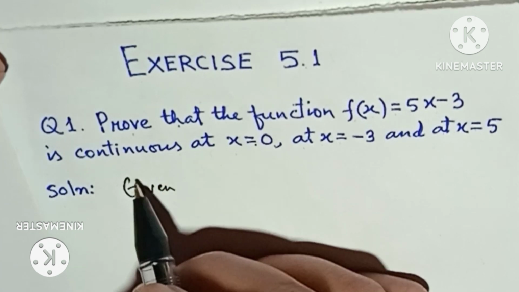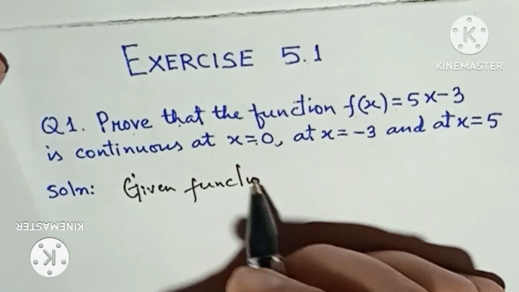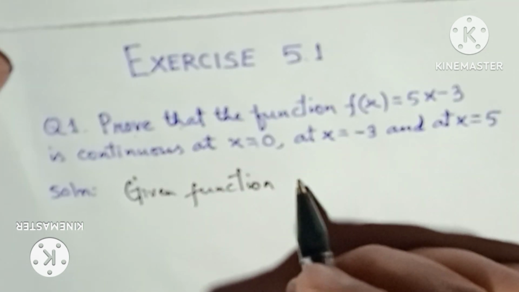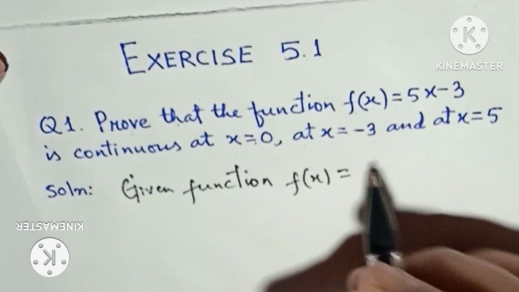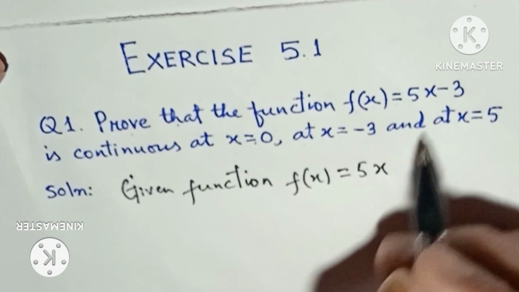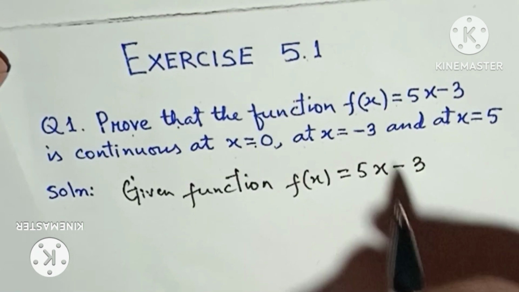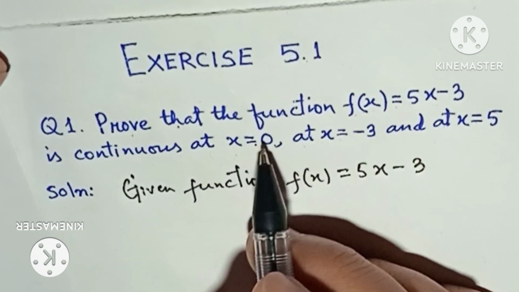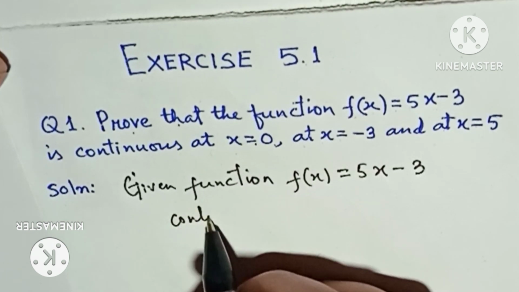Given function f of x is equal to 5x minus 3. Let us check continuity at x equal to 0.